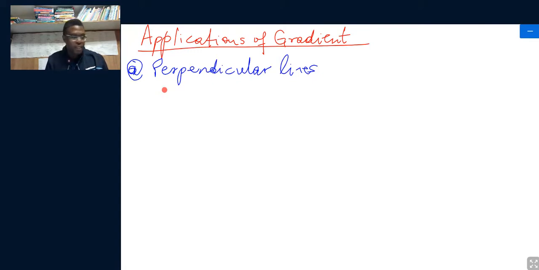Well, the theory says the gradient of line 1 multiplied by the gradient of line 2 must be equal to -1. Simple as that.